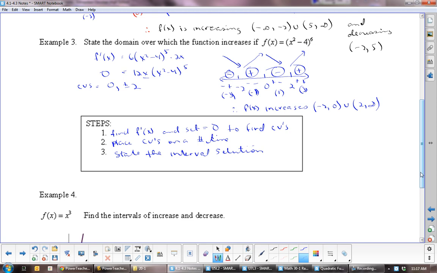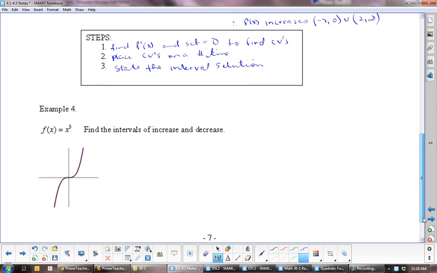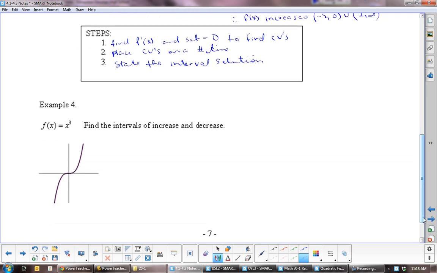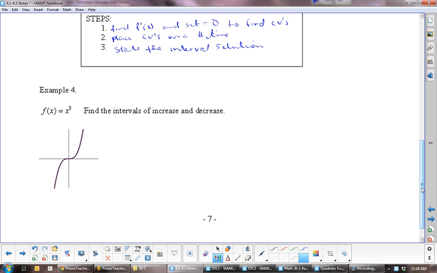Okay, so it's really about finding when the slope does not exist or equals 0, and then what's going on in between there. That's what's going on either rising or falling on the graph. Okay, now this example here is just a good one, because if you don't see this example, you're just thinking, oh yeah, well, hey, all critical values are going to be a max or a min.